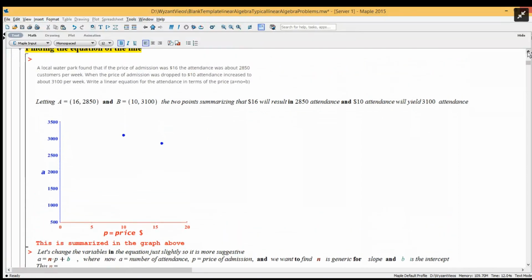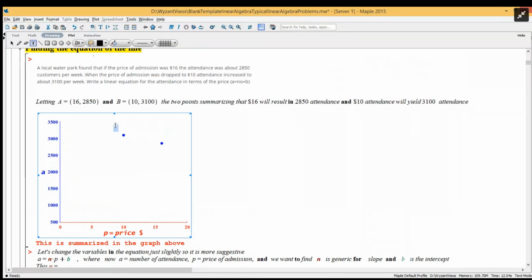Now, let's summarize. Let's name A to be the ordered pair 16, 2850. That means $16 will result in attendance of 2,850, and B is $10 will result in attendance of 3,100. So let's label those. So here's point B and here's point A, right? It probably would help.